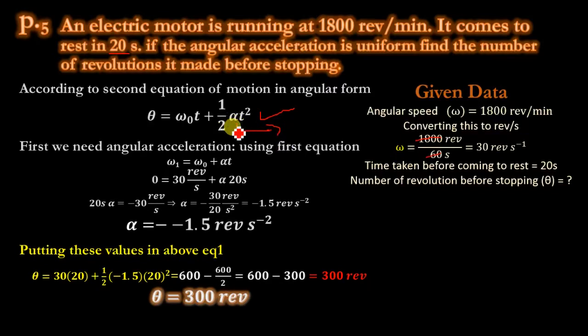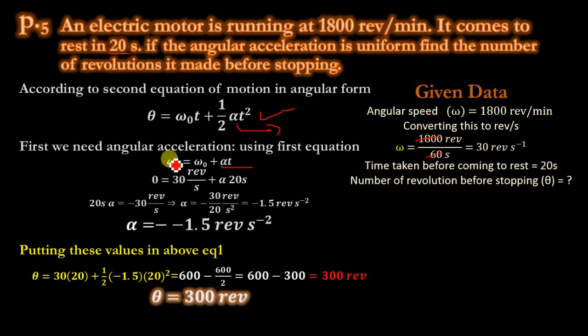For calculating alpha, we will use the first equation of motion, which is Vf, the final velocity, equal to Vi plus a t. Again we are dealing with angular motion, so in terms of angular velocity we write omega f is equal to omega naught plus alpha t. When the motor stops, the final angular velocity is equal to 0.